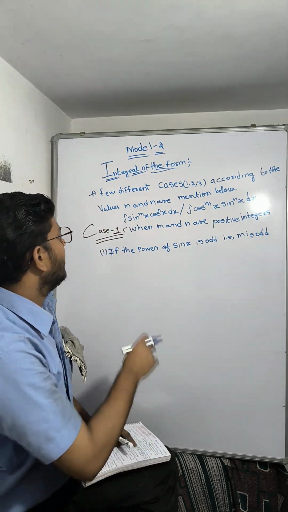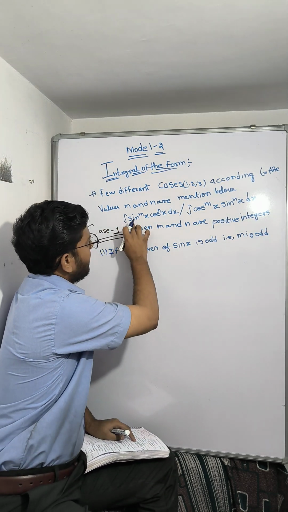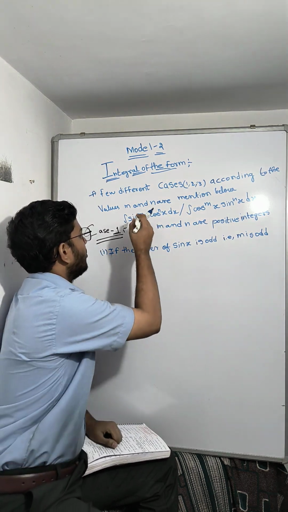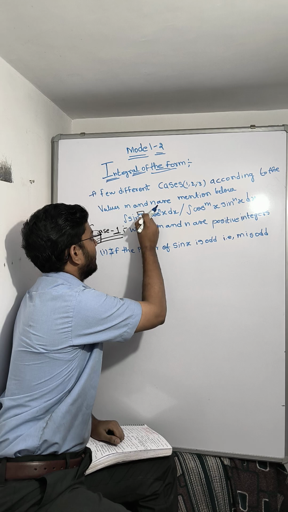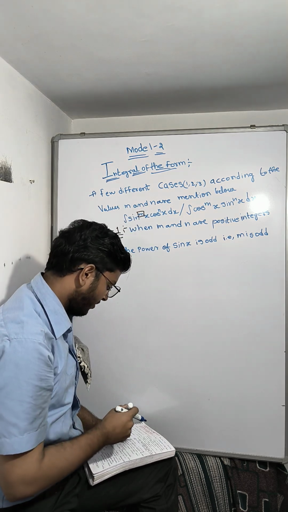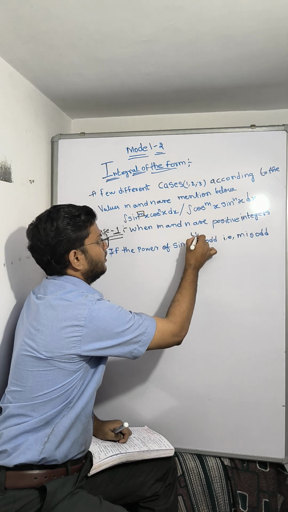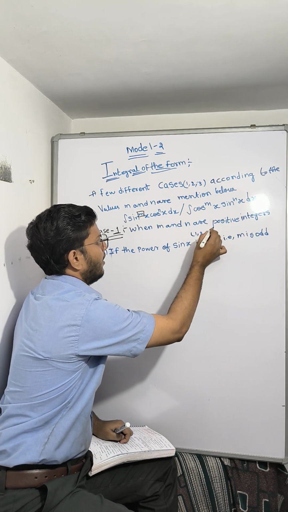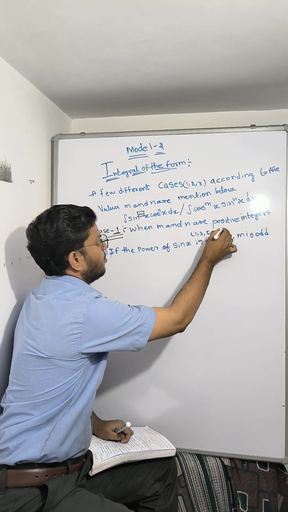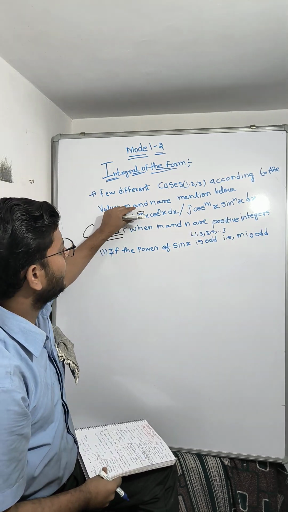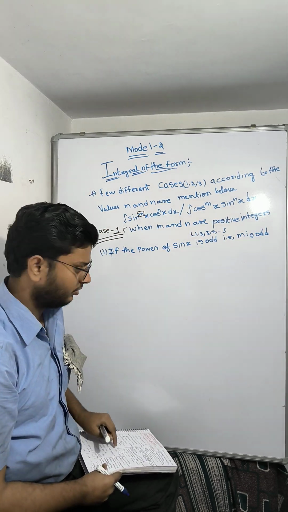If the power of sin x is odd, means 1, 3, 5, 7, and so on, odd. Then what it means, m is odd.